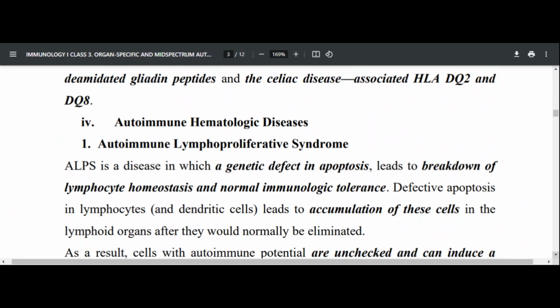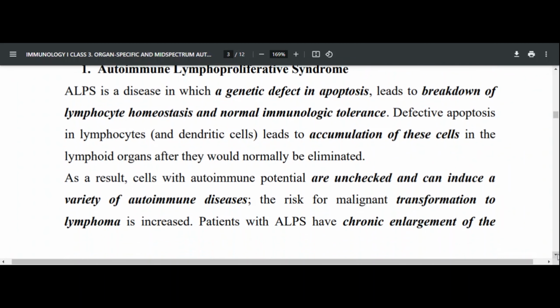As a result of accumulation of these cells with autoimmune potential, they will go unchecked and can induce a variety of autoimmune diseases. Because of failure to die, due to a defect in apoptosis, which is programmed cell death, this will lead to accumulation of unchecked autoimmune-potential lymphocytes, those cells that are able to induce autoimmunity.